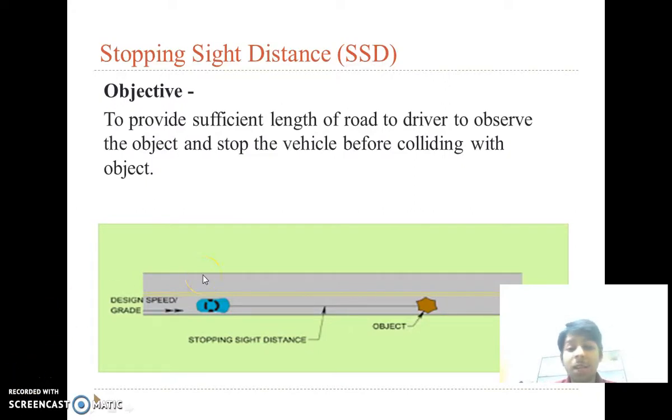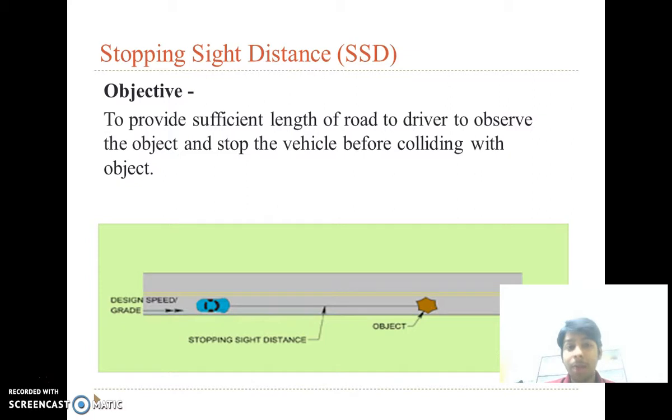What is the objective of providing this? Say we have a car which is moving with some design speed on a grade. What happens when the driver of this car sees an object in front of him? The driver starts thinking, do we need to stop the vehicle or not?